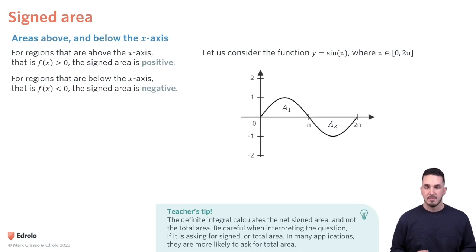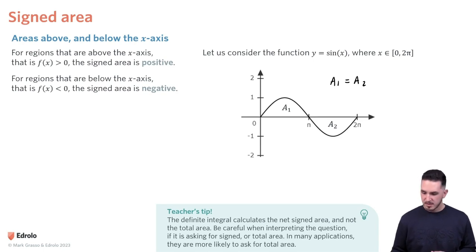signed area is negative. So let's consider the function y equals sine x, where x is an element of 0 to 2 pi. We'll notice that we have A1 and A2, so 2 areas. The other thing that we can notice about a sine graph is that it is symmetrical, so the area A1 has to be equal to the area A2.